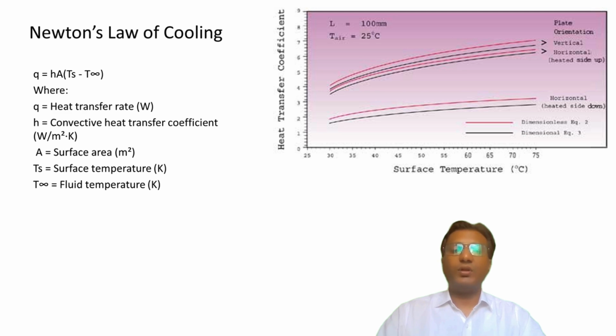For example, a hot vertical wall transfers heat to the surrounding air with Q proportional to the temperature difference. This law allows engineers to calculate heat transfer in systems like radiators or electronic enclosures. By understanding h and its dependence on natural convection conditions, we can design systems that optimize passive heat transfer. Next, we will explore the dimensionless numbers that characterize natural convection.